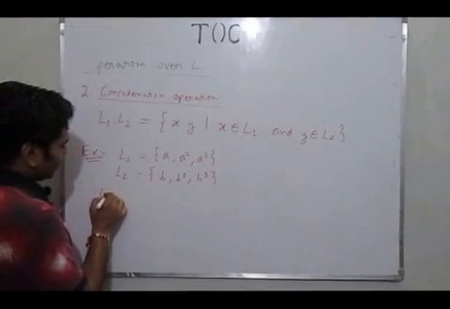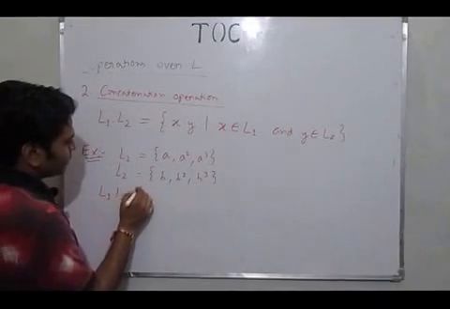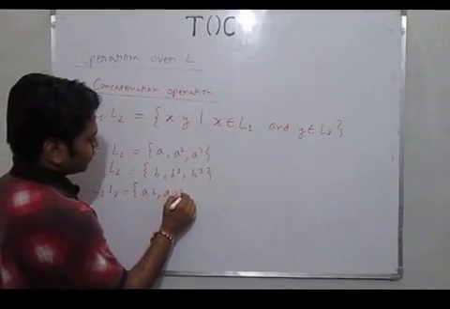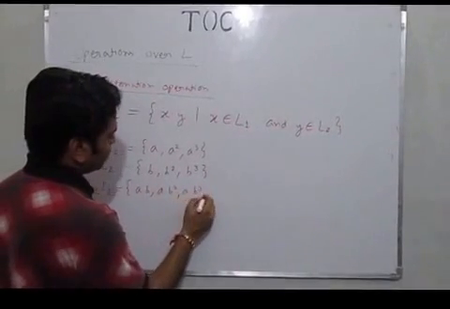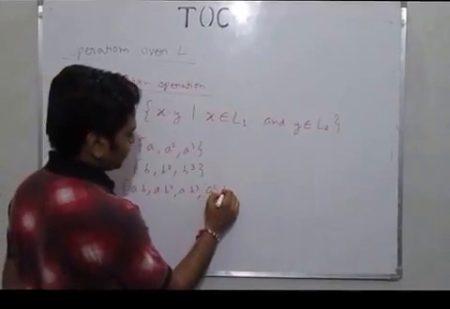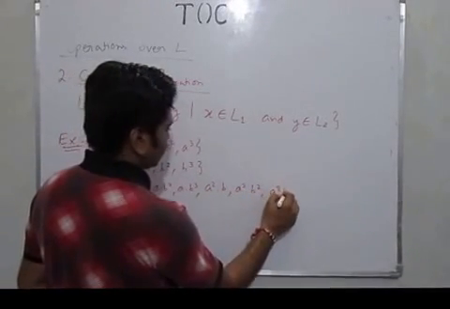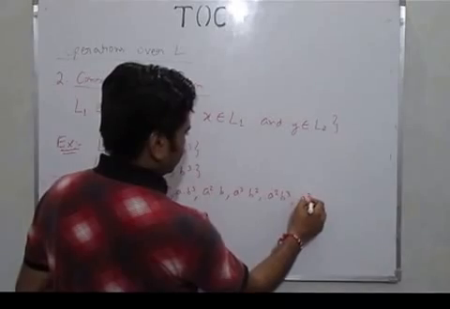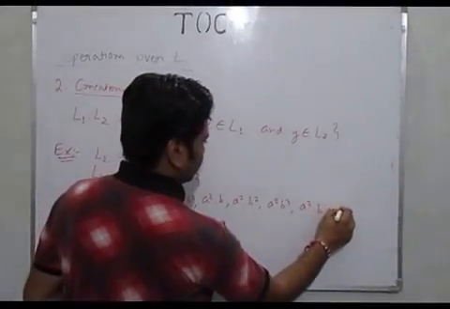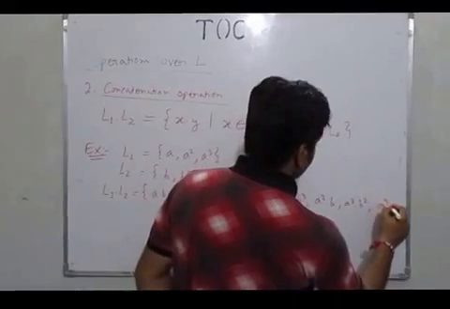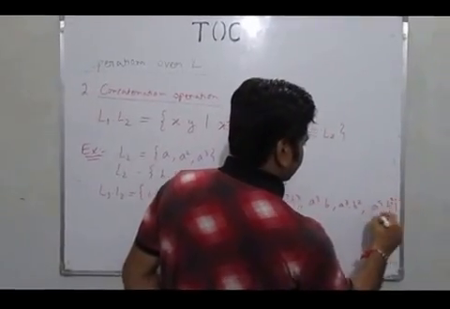So I can concatenate these two languages as A squared B squared, A squared B cubed, A cubed B squared, and A cubed B cubed. Fine.